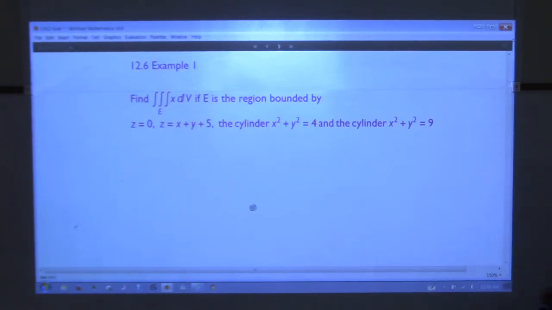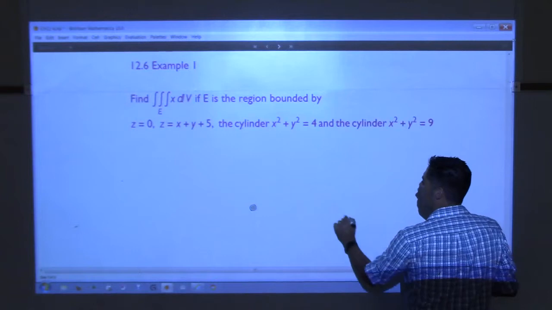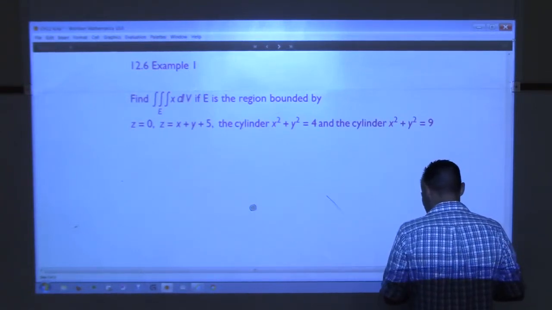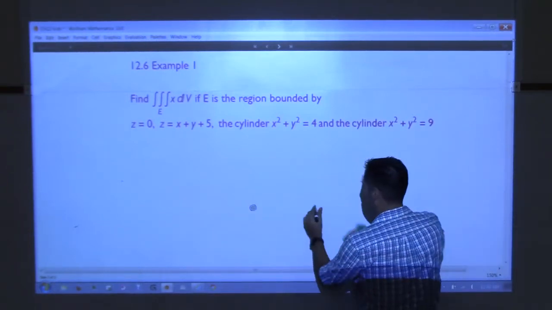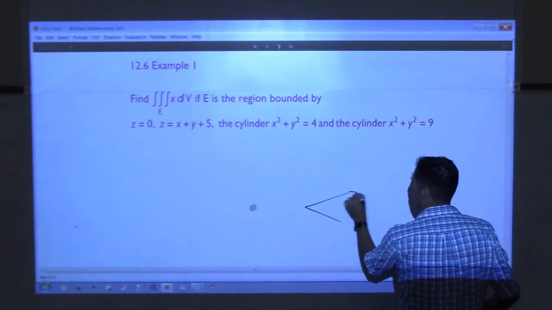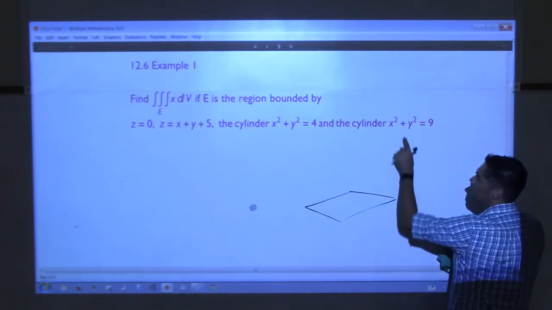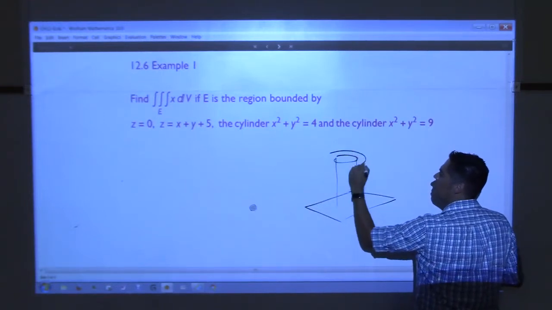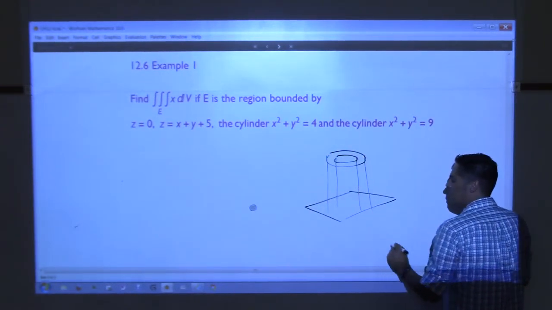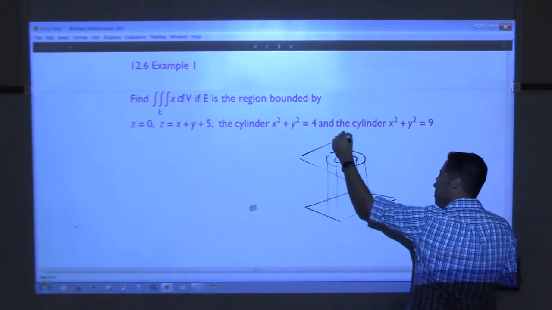Let me try and draw this. I've got the ground. This is a real rough sketch. I've got a cylinder that has a radius of 2. I've got another cylinder, a radius of 3. And I've got this plane that comes through and cuts through all this stuff.